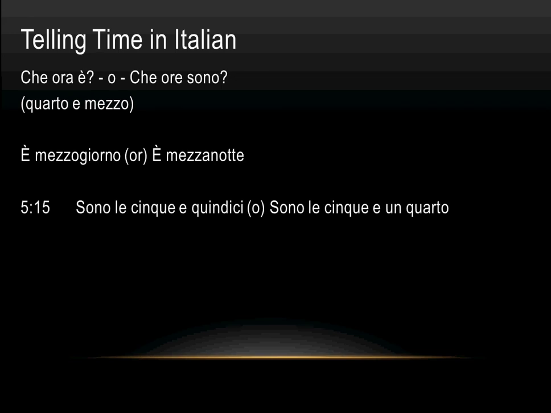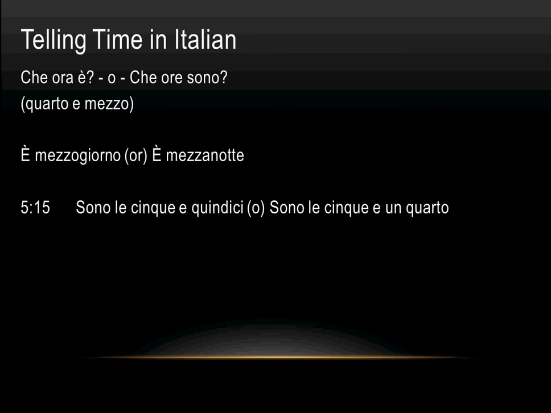Now, back to the clock. When we get to 5:15, you could just say sono le 5 e 15. See? I mean, that's what we discussed. You simply add the minutes without an article behind the hour. We already know how to get sono le 5, and then we know it's e, which is and, 15. Sono le 5 e 15. It's 5 and 15. It's 15 after 5. Or we have a new option since it's on the quarter hour.